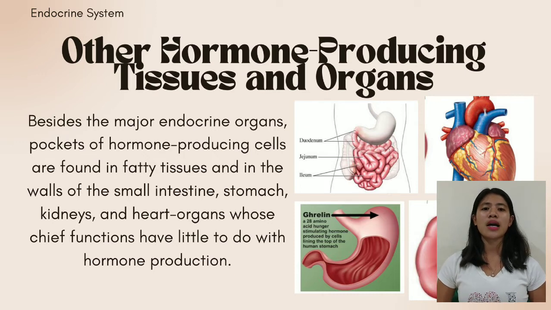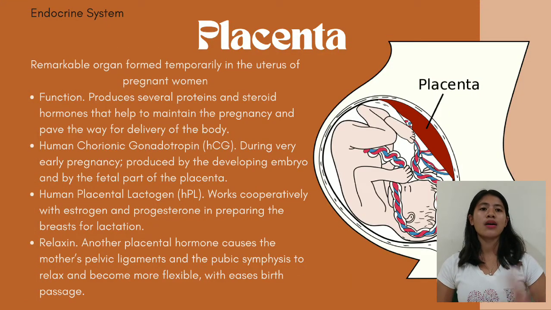So maliban sa mga endocrine organs and tissues, marami pang nagpo-produce ng hormones sa small intestine, stomach, kidneys, and heart organs. So the functions of these have little to do with hormone production. So nagpo-produce rin sila ng mga hormones.